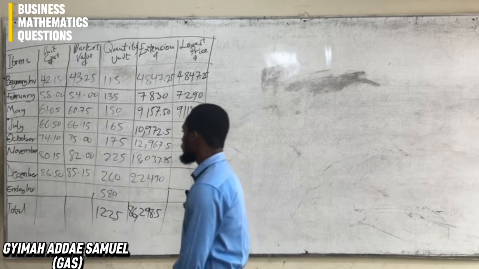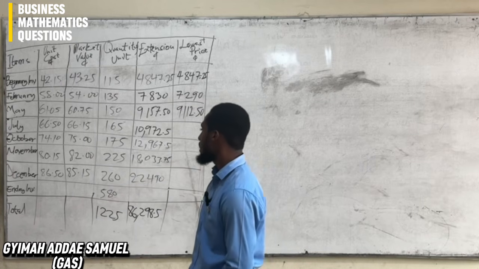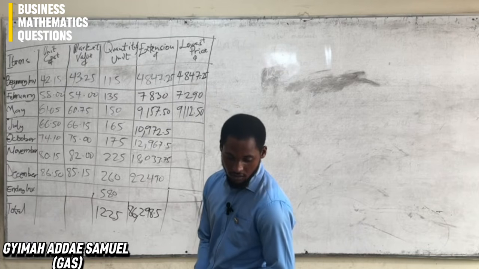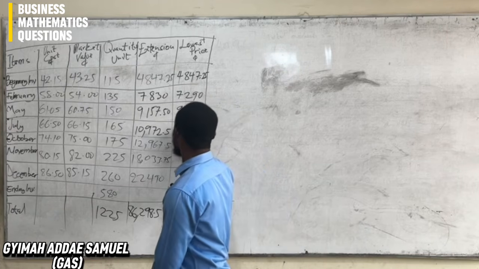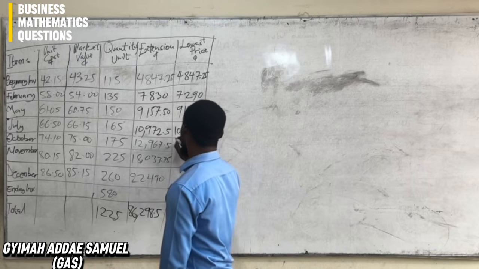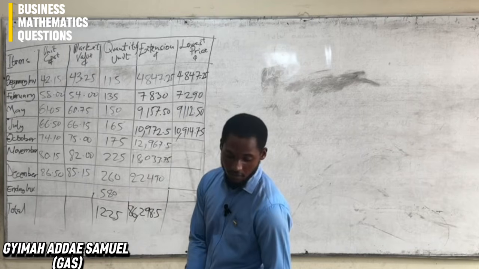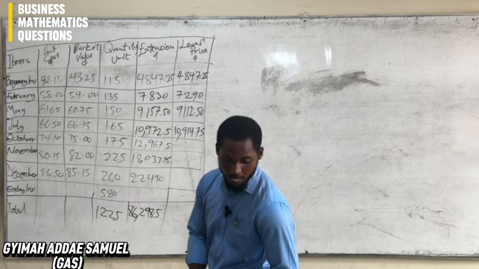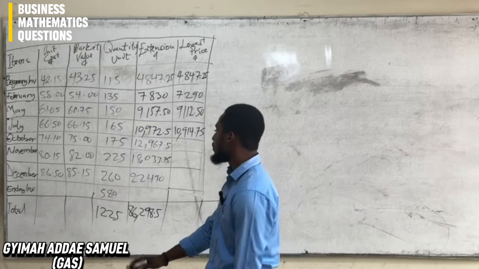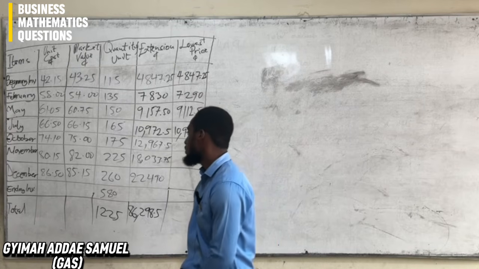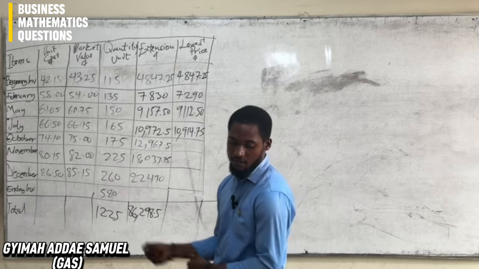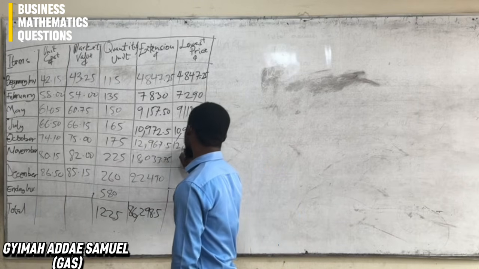Here, 66.15 is the lowest, so we multiply it by 165, and we are getting 10,914.75. So we proceed to October, and we know that 74.10 is the lowest. So we multiply it by 175, and we are getting 12,967.50.